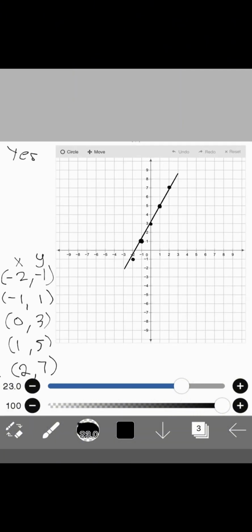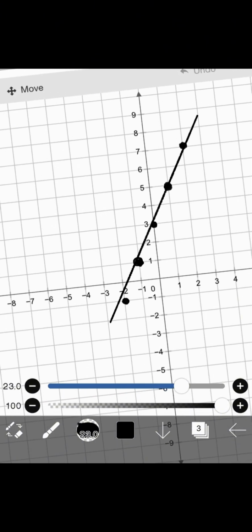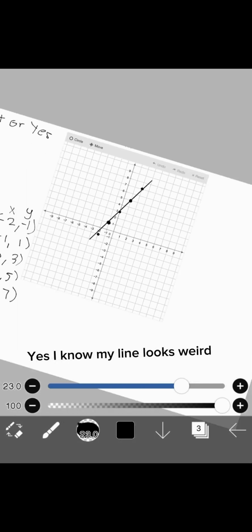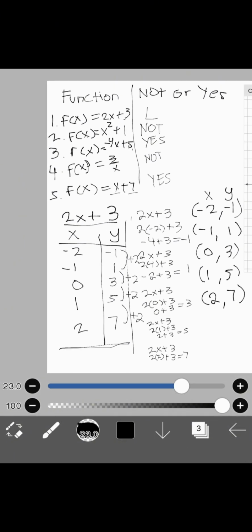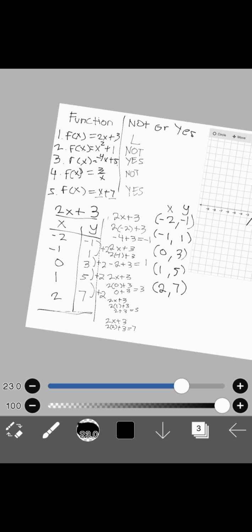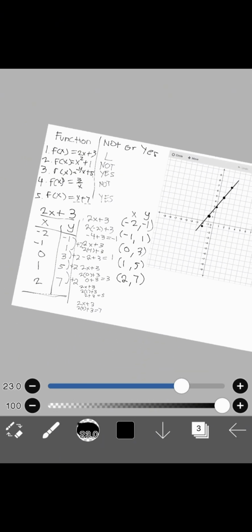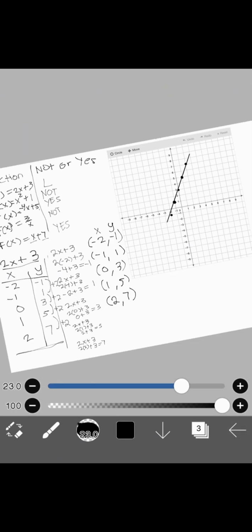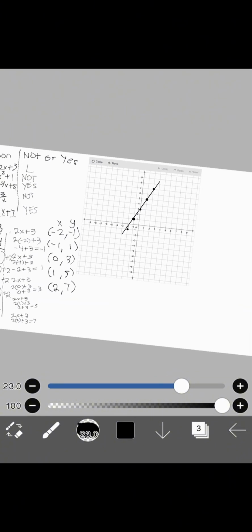Okay, so looking from this, we can see our graph is a straight line. So we know that the linear function 2x plus 3 is a function. And this is how you can graph it based on its table of values.